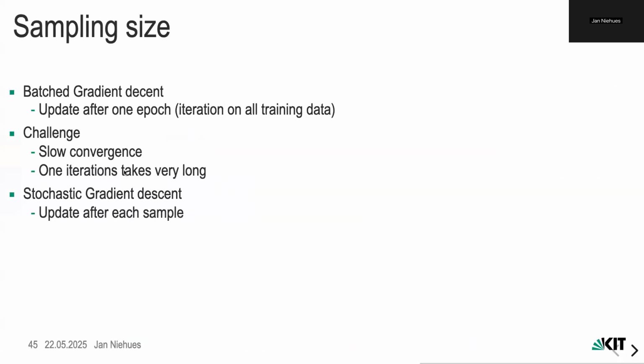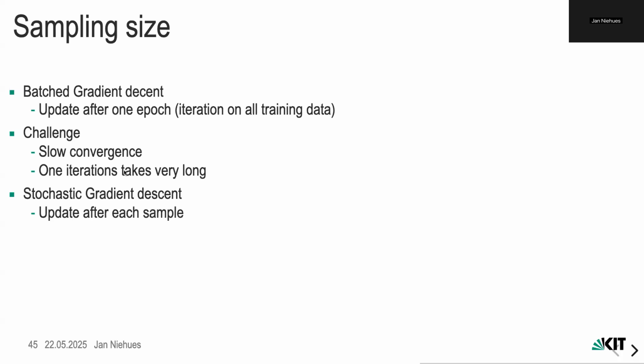So the first thing you can do is what is called batch gradient descent, meaning that you're doing one update after each epoch. So you're running one iteration over all your training data, and then you would do your update. So it's the correct thing according to our loss function, because then you're really minimizing the overall loss of your whole training data.